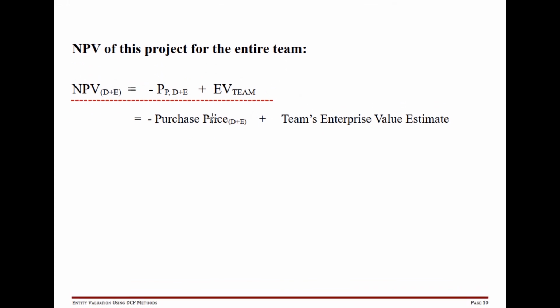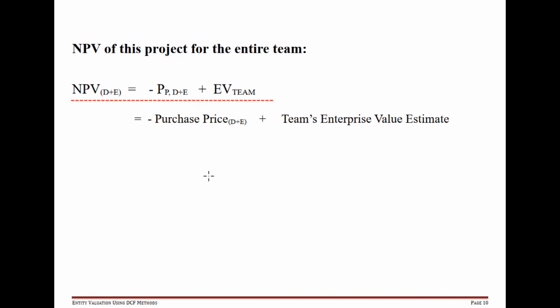And as usual with NPV, if this is greater than 0, we want to go ahead with the project. And if it is, we'll say in this class, 0 or less than 0, we don't want to go ahead with the project. Another way of saying this is that if our estimate of enterprise value of the firm is greater than the market's view of the enterprise value of the firm, we should go ahead with the project, and otherwise not.